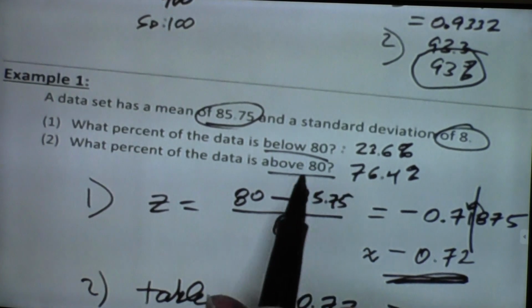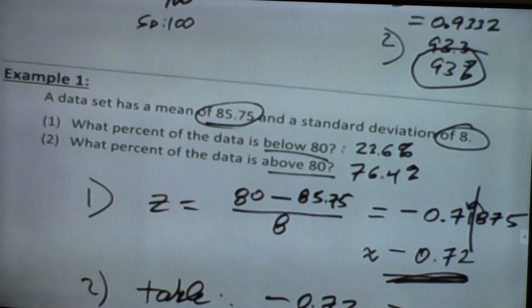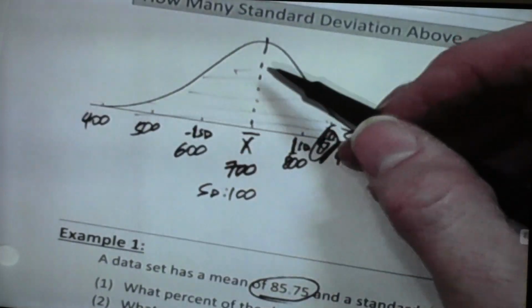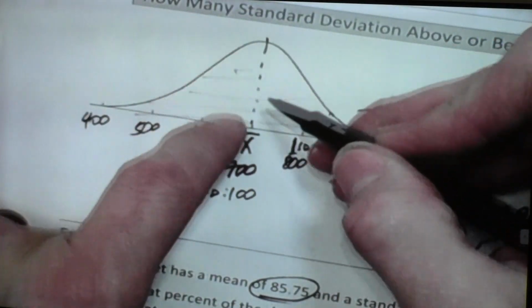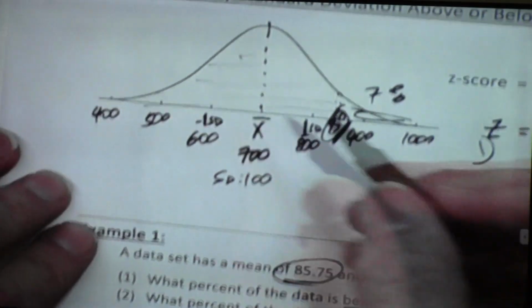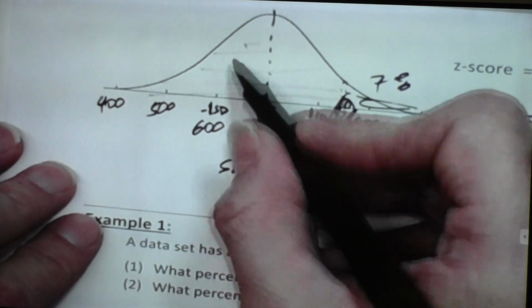So one of the interesting things here is that 80 is pretty close to 85. You would think, okay, if 80 is close to 85, then the percent below should be not that far from 50%. You know, I would have thought like 42%, 45%, because 80 is pretty close. Instead, because of the way a normal distribution is, so much is clustered right around the mean that 80, if I drew it out, is very close to the one standard deviation.